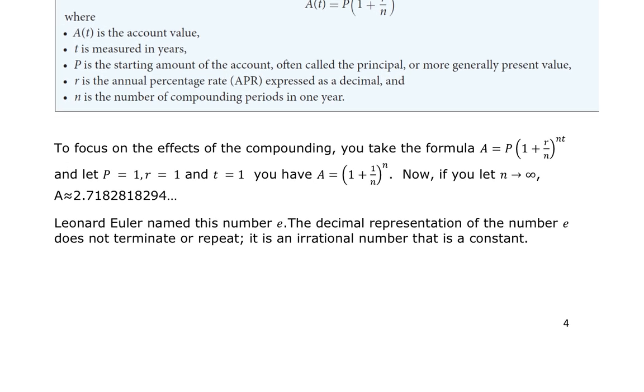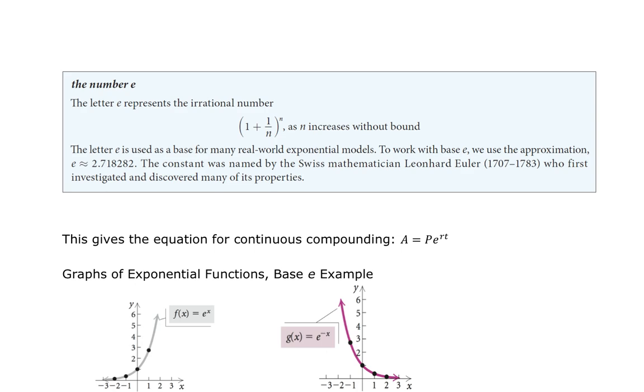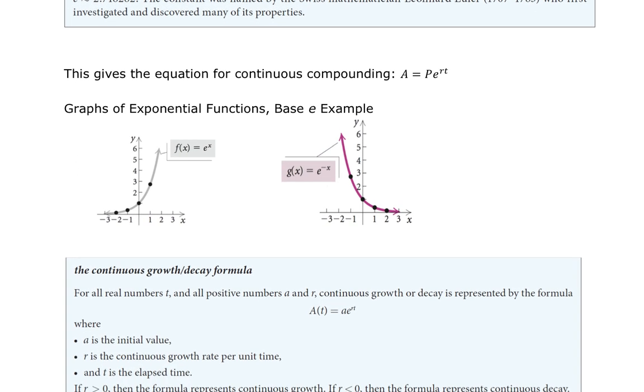Leonhard Euler, pronounced Euler, named this number e, and it is like pi. It does not repeat and it goes forever. So this is the number e, a special base, and it happens when we have continuous compounding, where P is the principal, e raised to the RT.